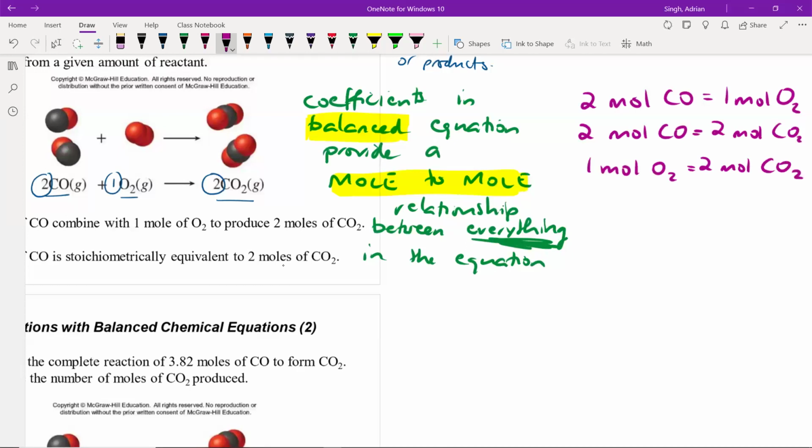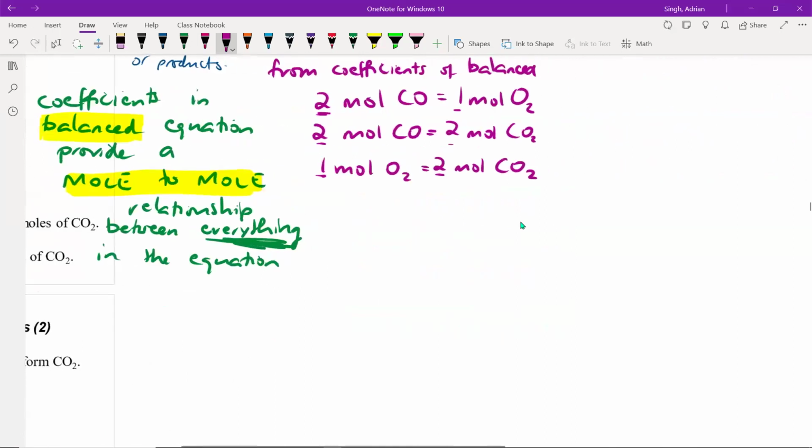All of these numbers, the 2s, the 1, the 2, I get from reading those coefficients. There's nothing really too complicated that I'm doing once I have my balanced equation.